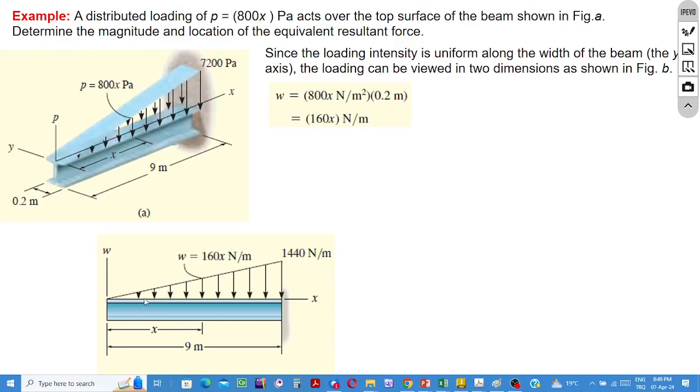If we can calculate the area of this triangle, this means we found the magnitude of the resultant force.